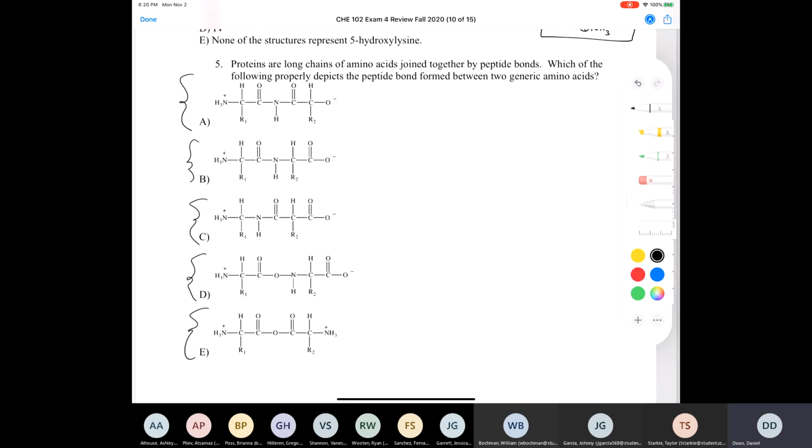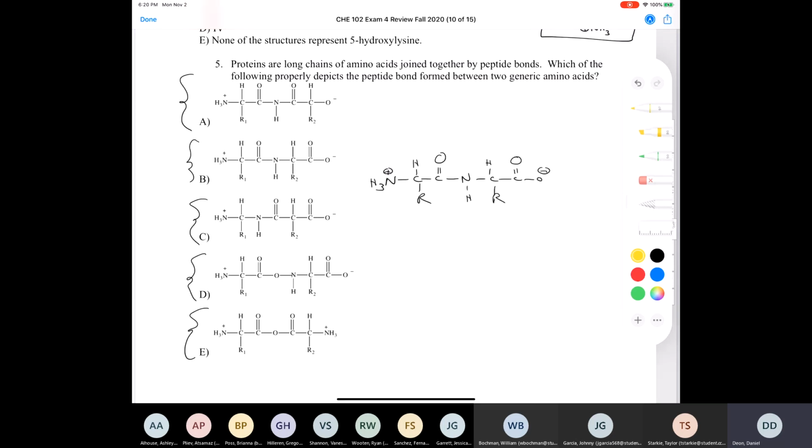Remember, when we put two amino acids together, we go NCC, NCC. We put our carboxylate on this end. We put our protonated amine on this end. It goes N-C-carbonyl like that. We have hydrogens here. We have one on this nitrogen. And then we have our R groups like this.